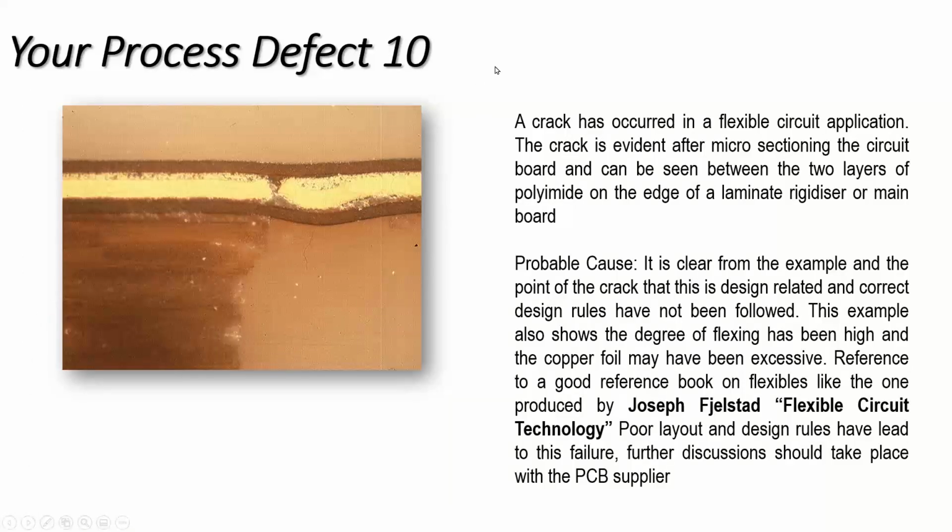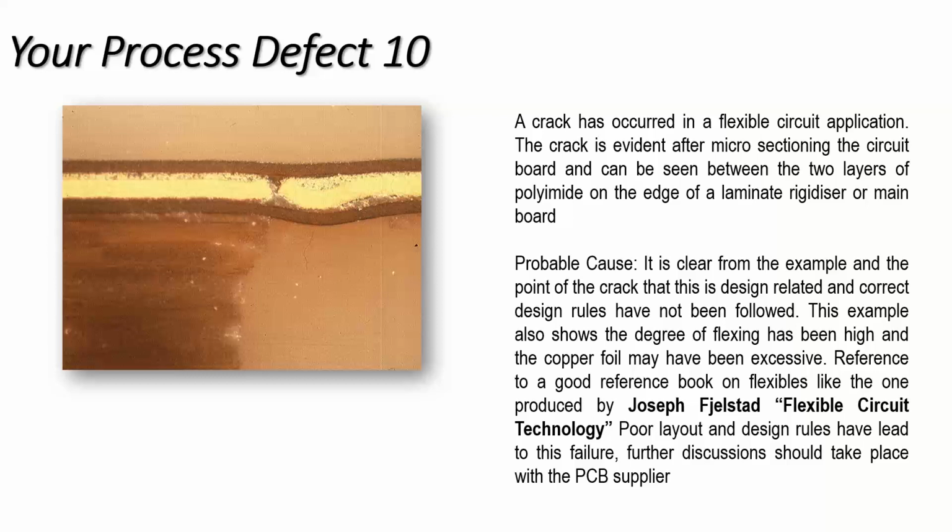So let's carry on. Process defect 10. Now this is kind of similar, I guess, to the problem that one of our other delegates highlighted, which is the cracking of tracks leading into BGA terminations. But this is cracking of a copper track in a flexible circuit.